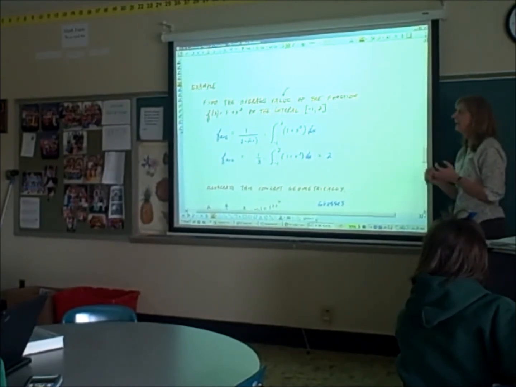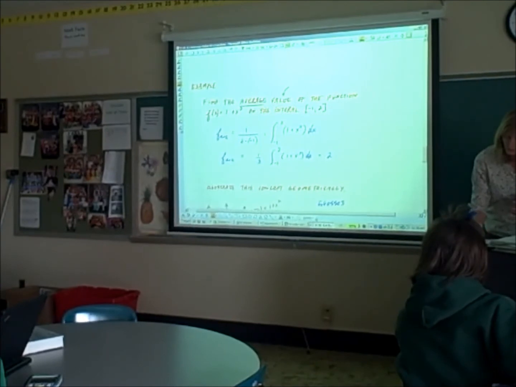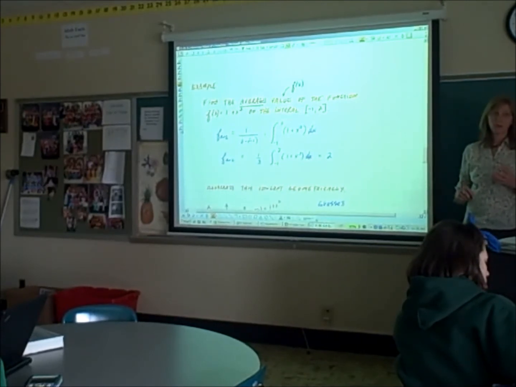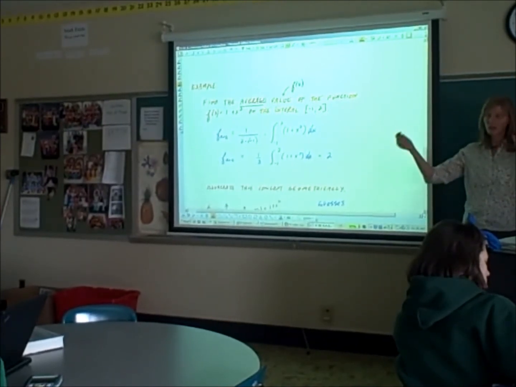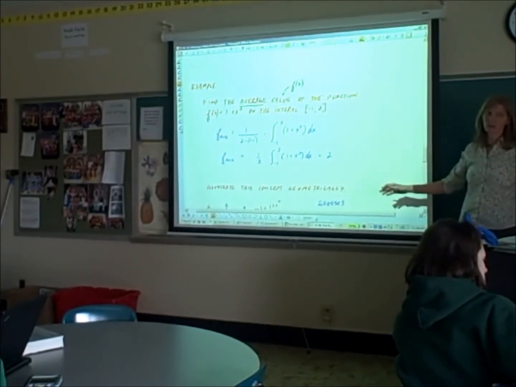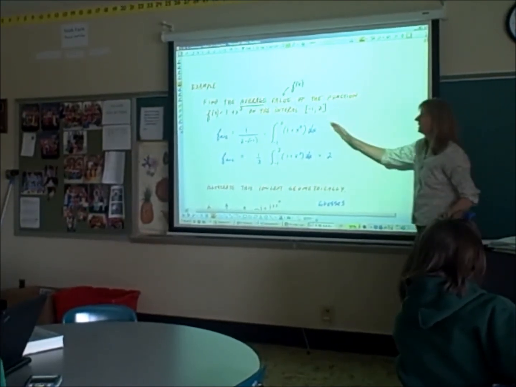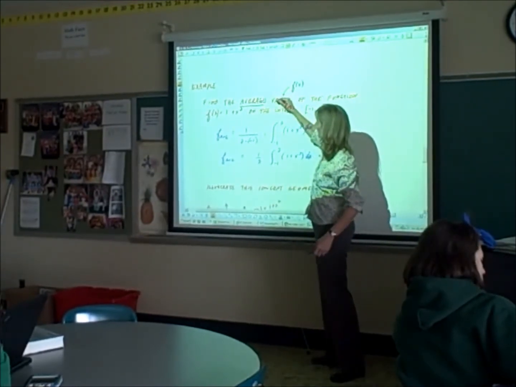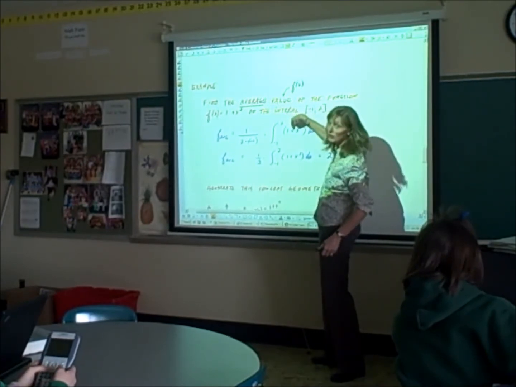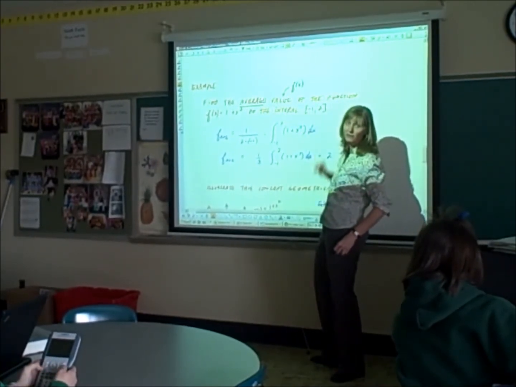And so if they say average, whatever they say average of, the value is going to be the function that represents whatever you're looking for. I don't know if that makes sense to you or not, but that's what I keep saying when I see it, because I get it mixed up with average rate of change. Actually, average rate of change is related to this, and I'm not going to go there today. But if anytime they say find the average, whatever it is, you set up your equation just like this and put in right here the function that represents whatever you're trying to find the average of.